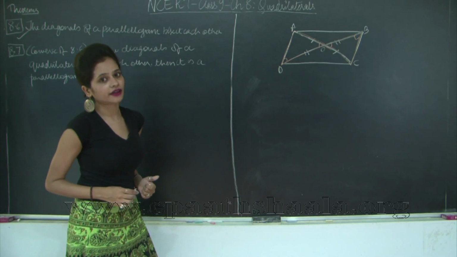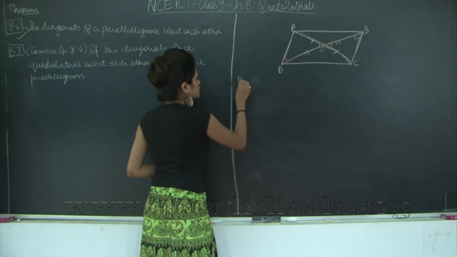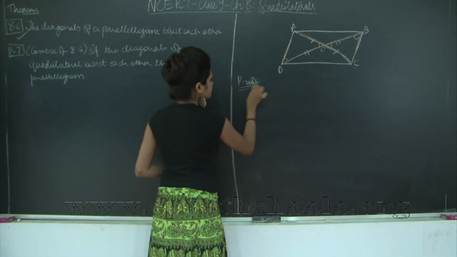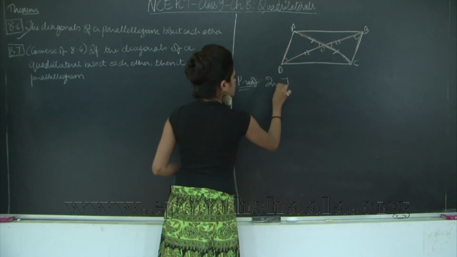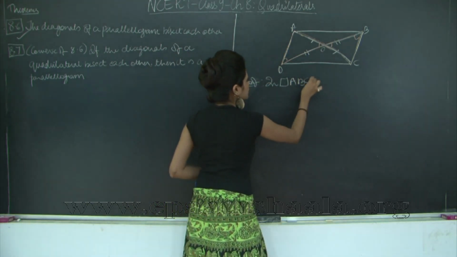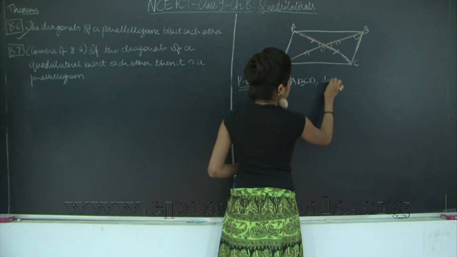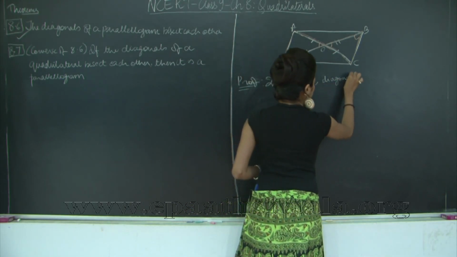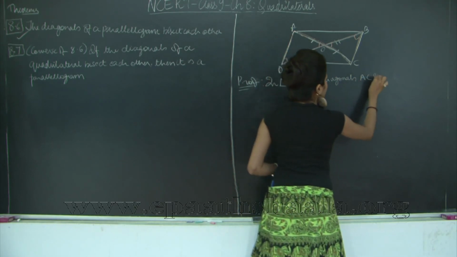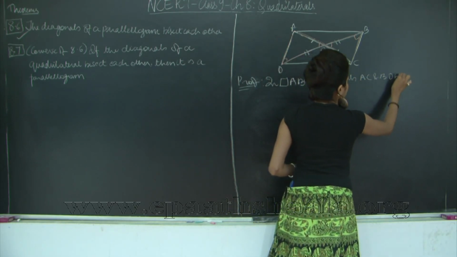Now, let us go ahead and write the proof. So, I will say in quadrilateral ABCD, diagonals AC and BD bisect each other.